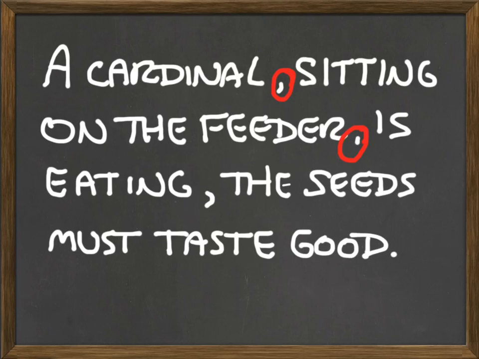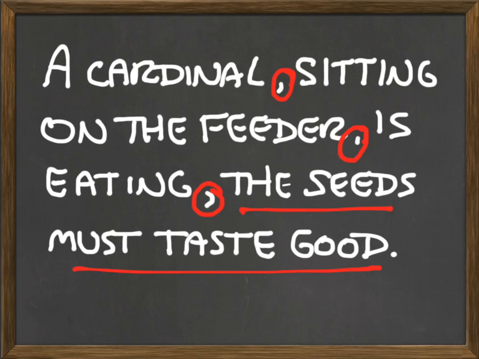That's not an independent clause. It can't stand alone either. Look to the third comma. A cardinal sitting on the feeder is eating. There's an independent clause. Okay, so we know the first part is independent. Now we look at the second. The seeds must taste good. Well, yes, that can stand alone as a sentence as well.